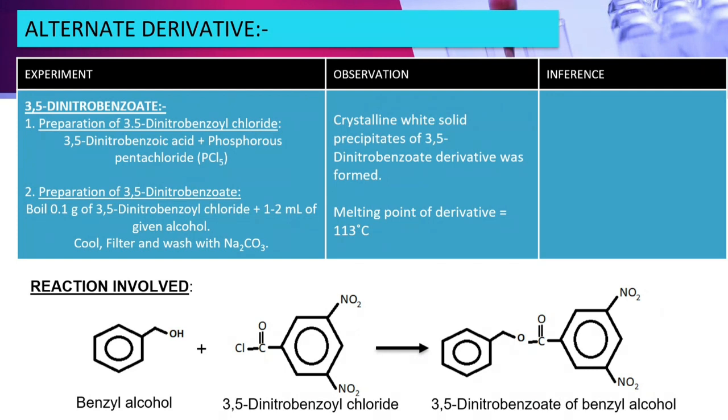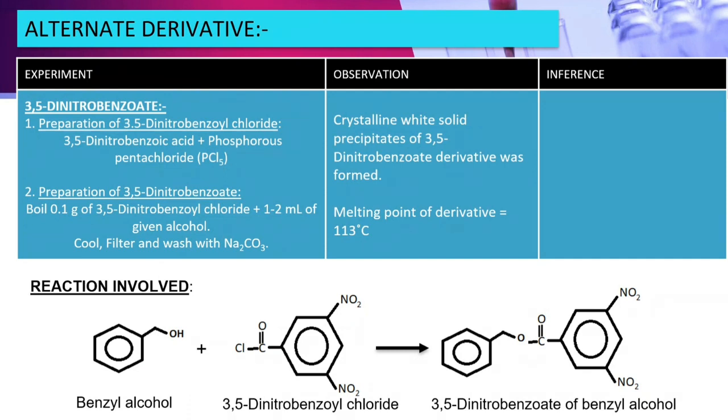We cool it in ice cold water and filter. We wash the solid with sodium carbonate solution to remove excess 3,5-dinitrobenzoic acid. We crystallize it and determine its melting point. When we determine its melting point, we observe that 113 degrees Celsius was found.